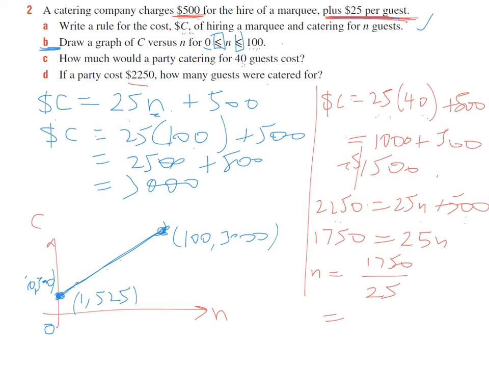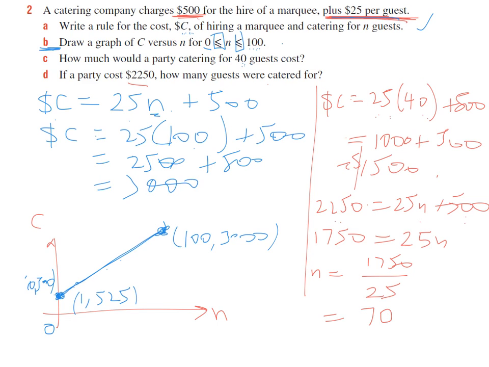I don't know that off the top of my head, so I'll take out my trusty calculator, and 1750 divided by 25 is 70. So we're catering for 70 guests.